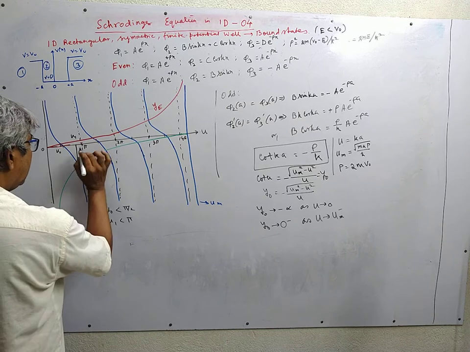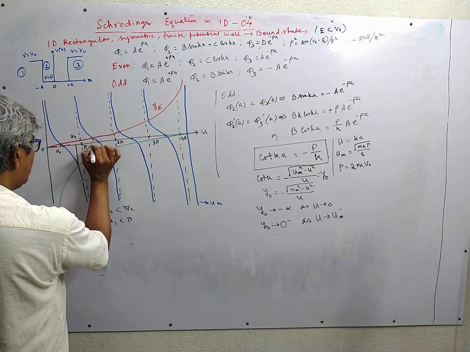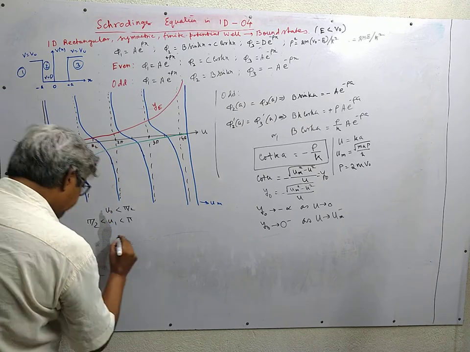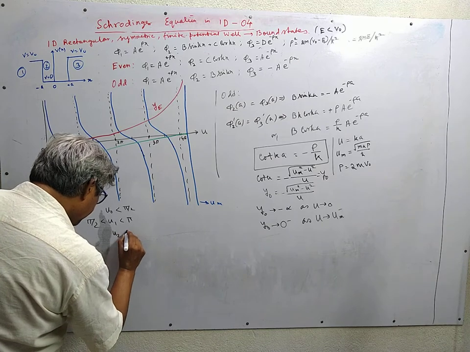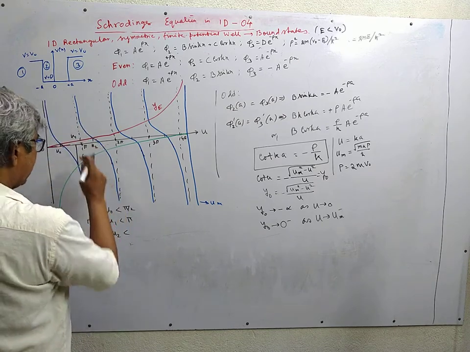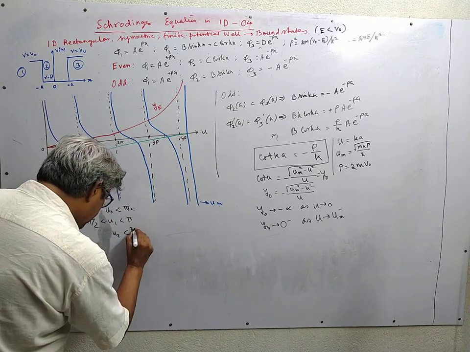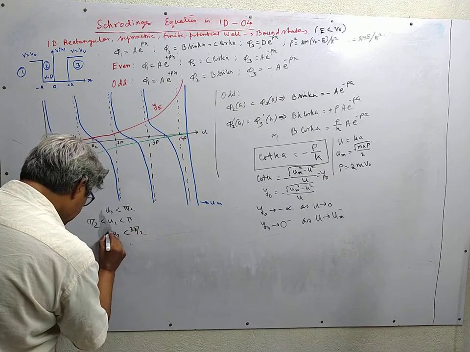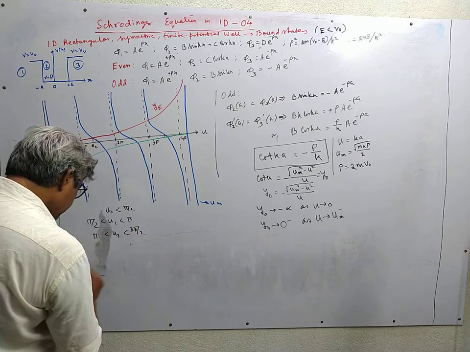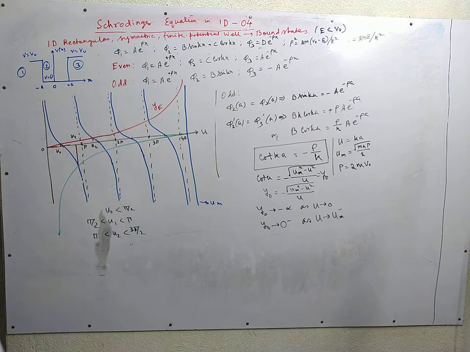Then this is u2. u2 is less than 3 pi by 2. And so on and so forth.